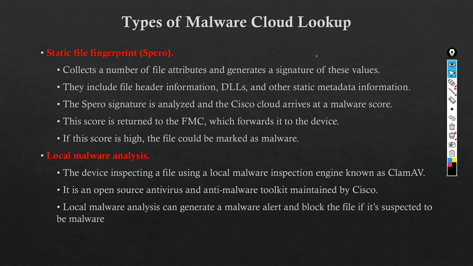Normally, what would be the chronological order for that? First of all, there is a clean list. A clean list is like a whitelist. You as administrator put a file in a custom detection list or a clean list, saying this file is clean, intact, safe. So the FMC will look at this list first.